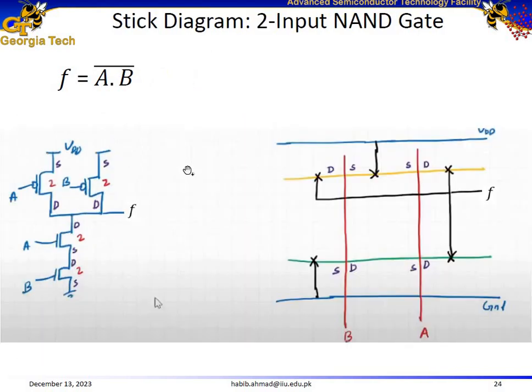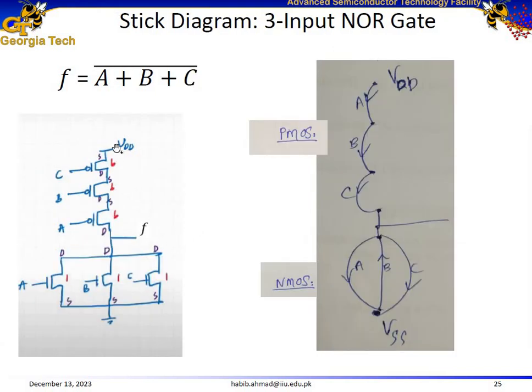In fact, I have not formed an Euler graph for this one, so let us move to the next slide. Here we have multiple nodes. We have this node and we have this node, and in between we have transistor C. So in order to form an Euler path, we make two nodes over here and then connect them together, and this edge corresponds to, in this case the order is reversed, so it can correspond to CBA, the order does not really matter, so it corresponds to one transistor.